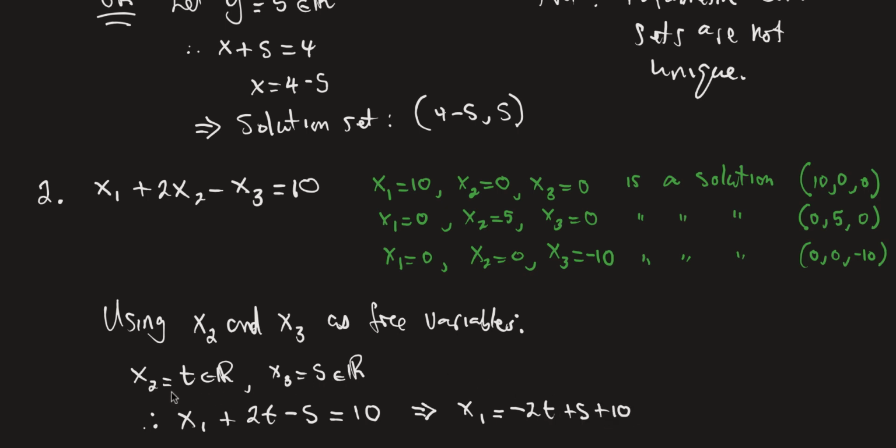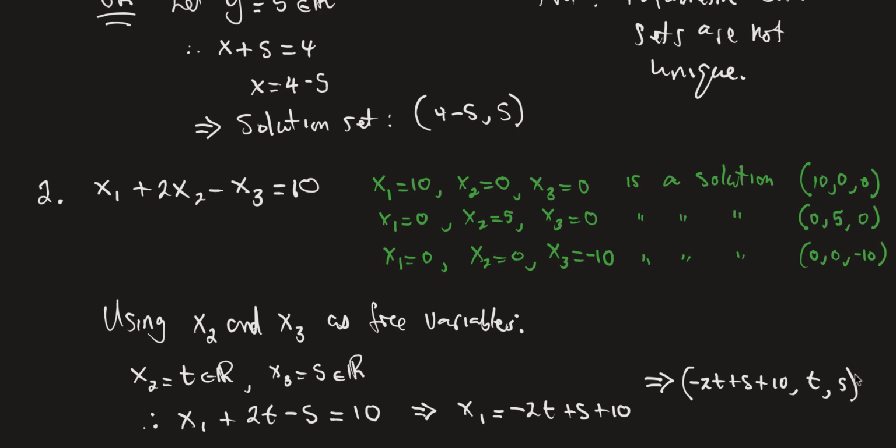So if I choose t for x2 and s for x3, then x1 has to be negative 2t plus s plus 10. That leads me to this ordered triple. So put this expression in the first position, negative 2t plus s plus 10, and t in the second position, and then s in the third position.